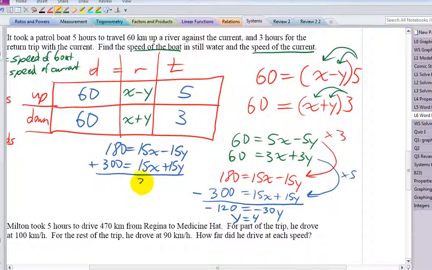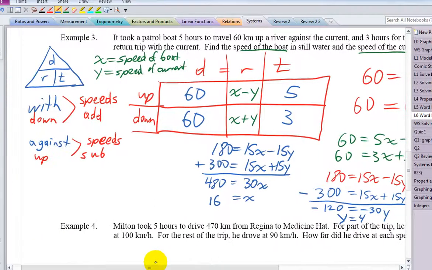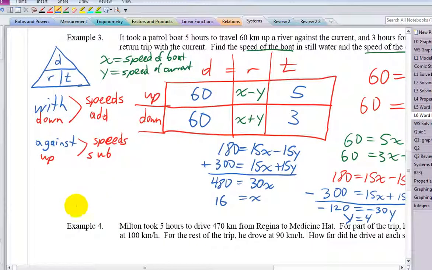If I add, so x equals 16. So I can now say boat speed equals 16 kilometers per hour, and the river speed, or the river current, equals 4 kilometers per hour.